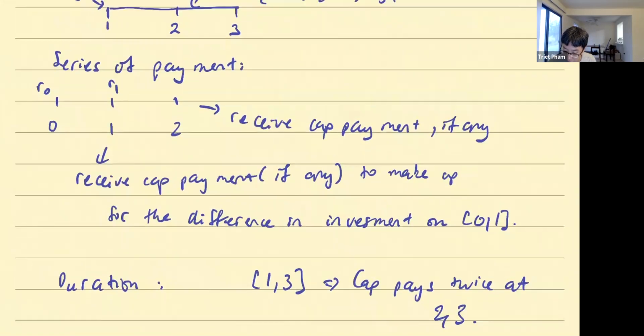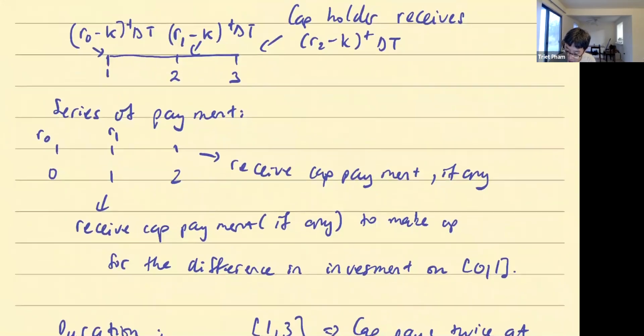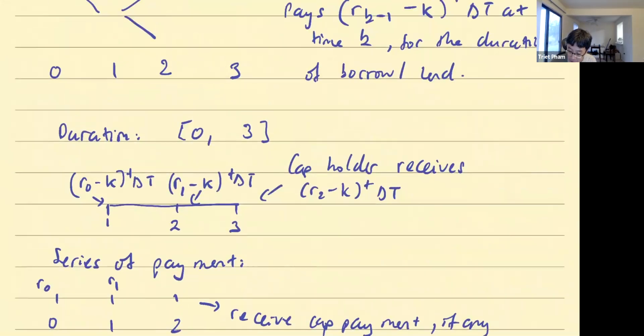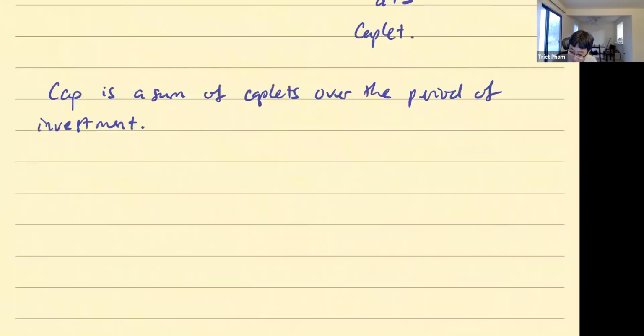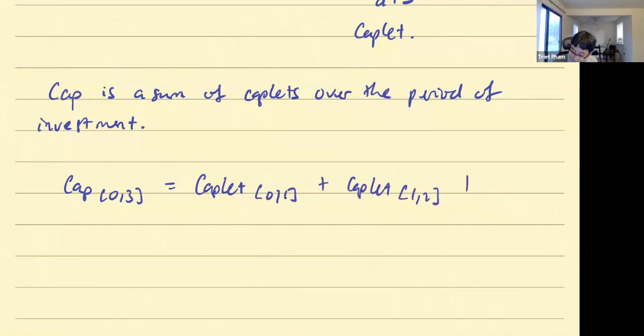In other words, this cap for the duration of 0 to 3 can be broken down into the caplet for the period 0 to 1, plus the caplet for the period 1 to 2, plus the caplet for the period 2 to 3. Are we okay? So in some sense, this is like 3 call options on the interest rate, which start with maturity 1, maturity 2, maturity 3.